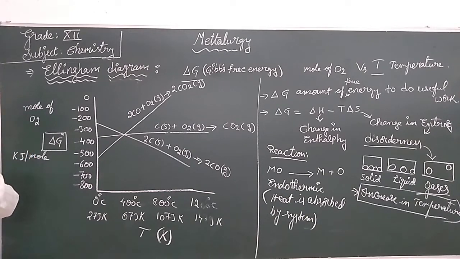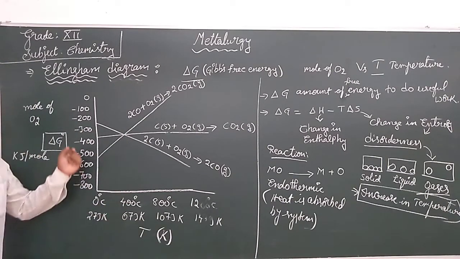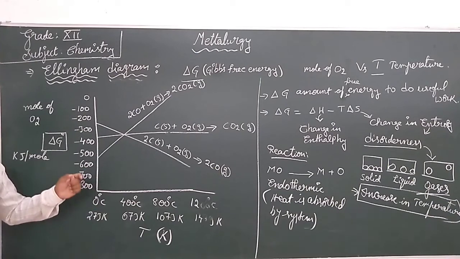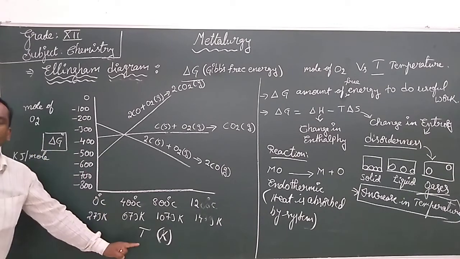We get Gibbs free energy related to one mole of oxygen. So the Ellingham diagram is drawn with two axes, Gibbs free energy versus temperature.